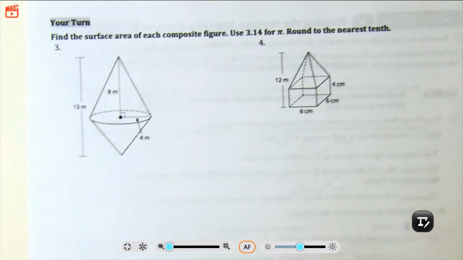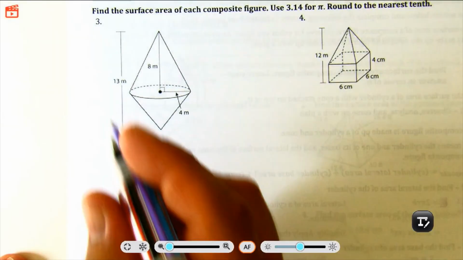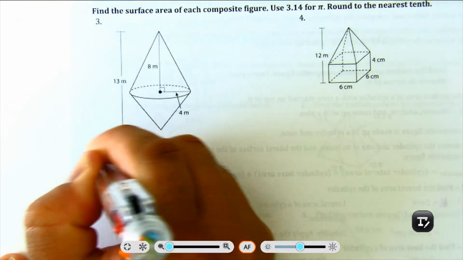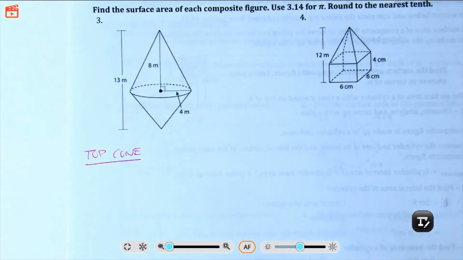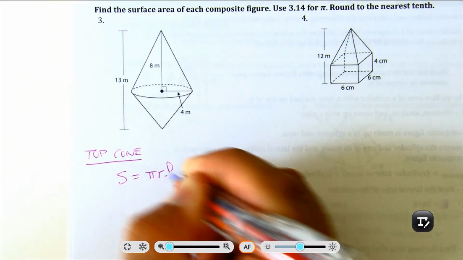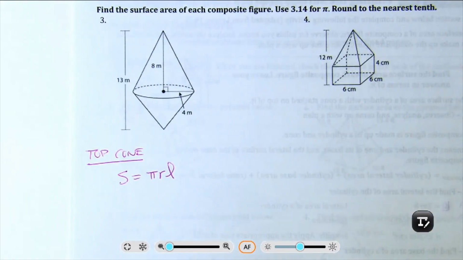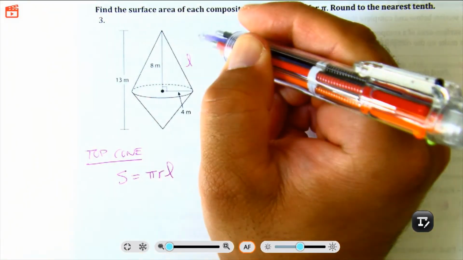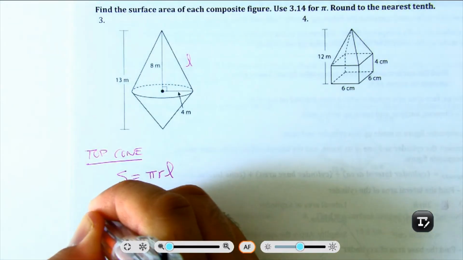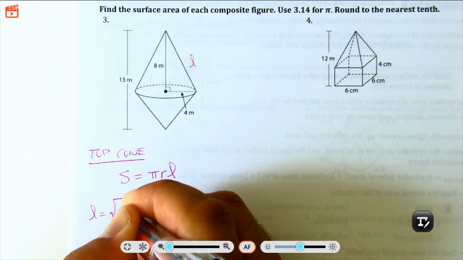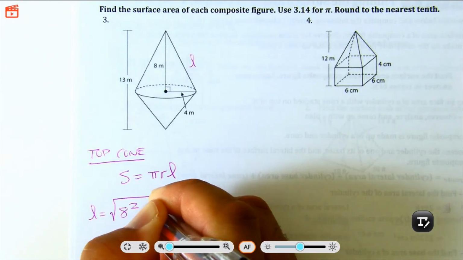Okay, so let's start with the top cone. The formula to find the surface area of the top cone is going to be pi r times the slant height. Now, we don't have the slant height, so we're going to use the Pythagorean theorem. So the slant height is equal to the square root of 8 squared plus 4 squared.